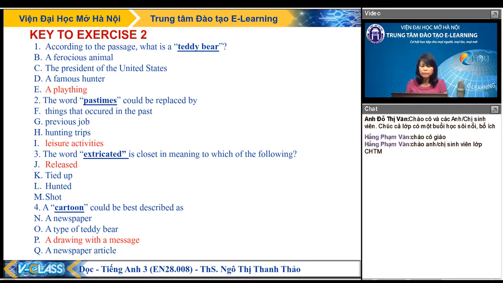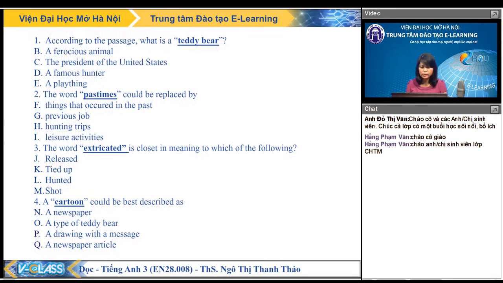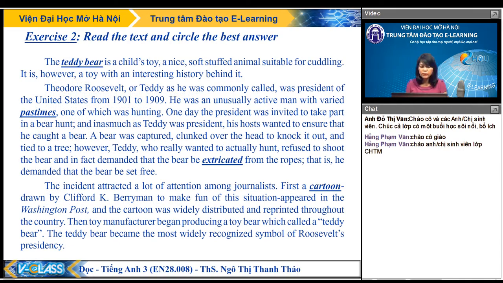Next one, number 3. The word extricated. What does it mean? Released, tied up, hunted, or shot? The answer here is released. Why is it released? And what about the clue in our text here?